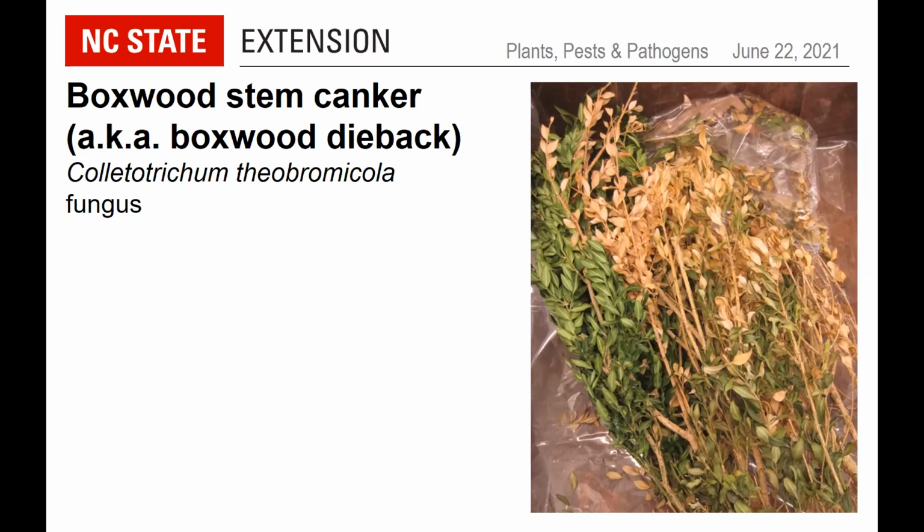So boxwood stem canker, also new. I don't remember exactly what year it was, but this is another fungus called Coniothyrium theobromicola, and its typical symptom would be individual branches or parts of branches where the leaves turn a yellowish color, but they hang on. They don't drop off, at least at first.